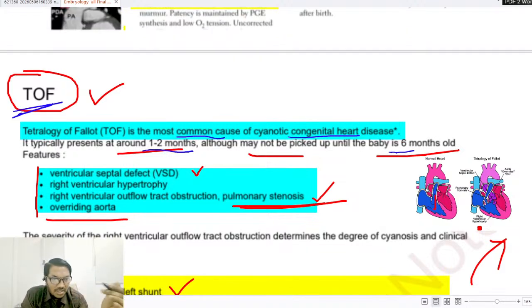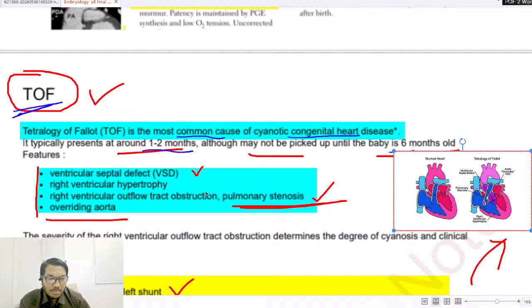First, ventricular septal defect. This is the atrium and ventricle, so here there will be a defect.